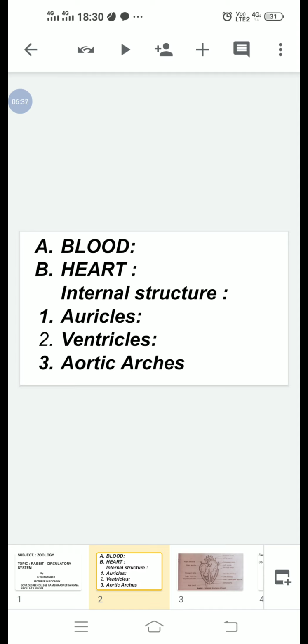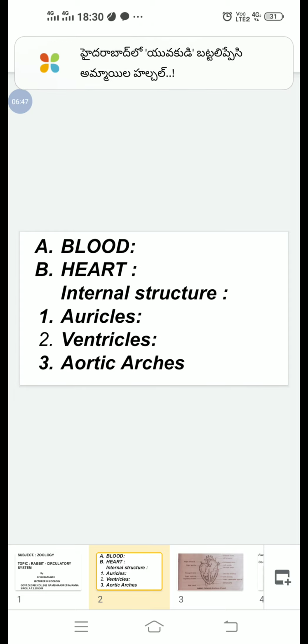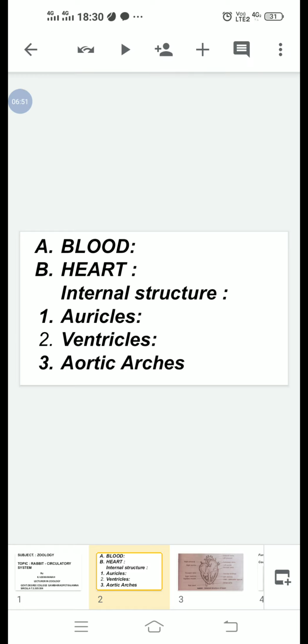First is auricles, second is ventricles, third is aortic arches. First, auricles.